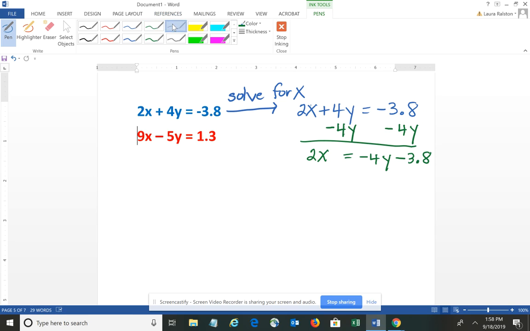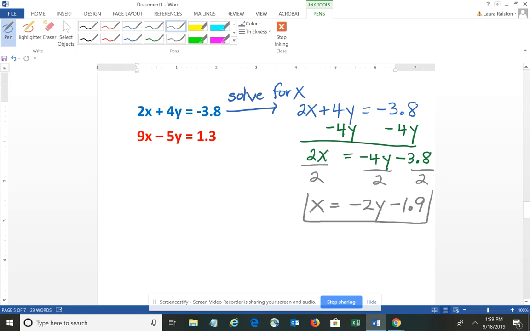I'm going to divide everything by 2. So I have x equals negative 2y minus 1.9. Okay, so I have the equation solved for x. I don't have any fractions, so that's nice because I definitely don't want to mix fractions and decimals together.